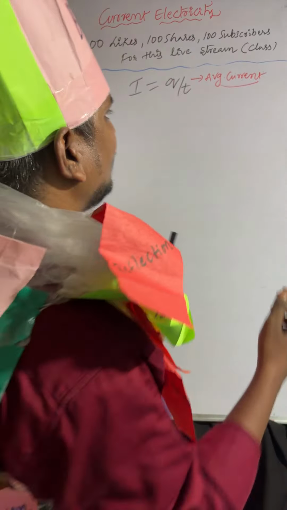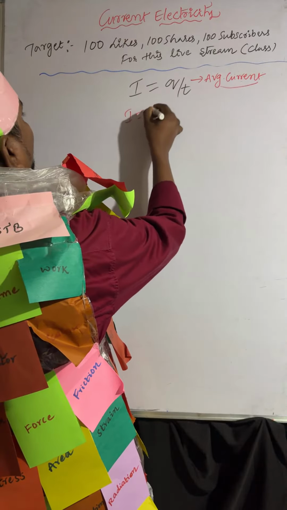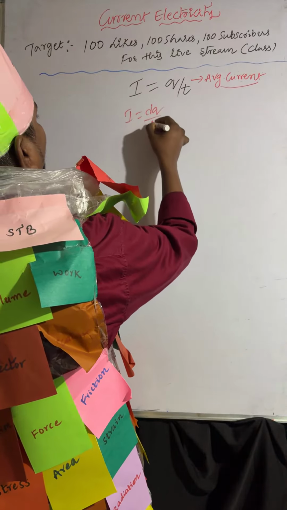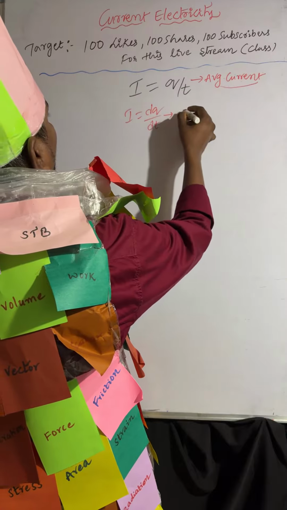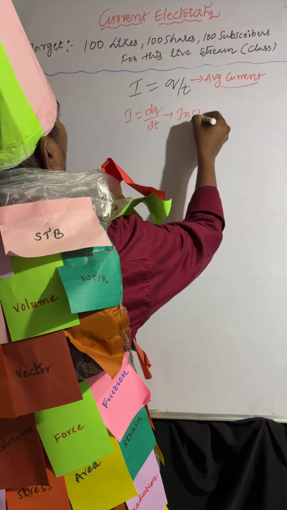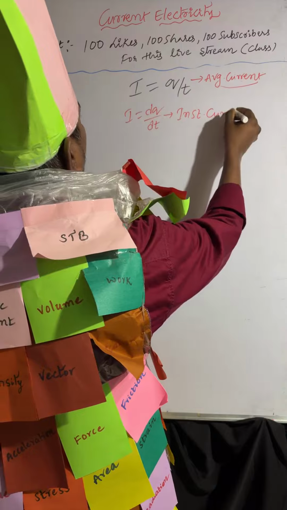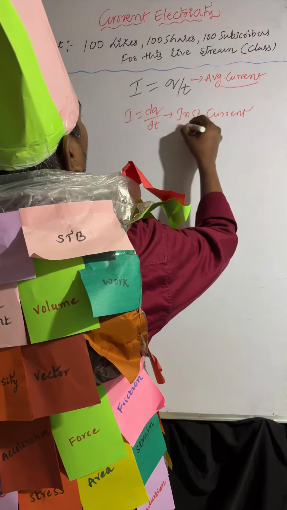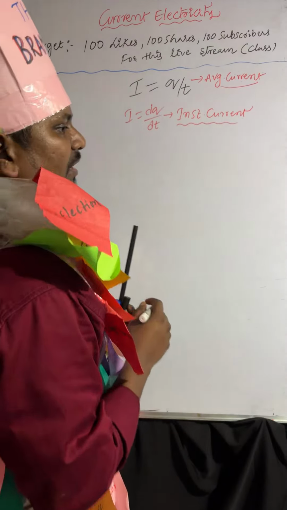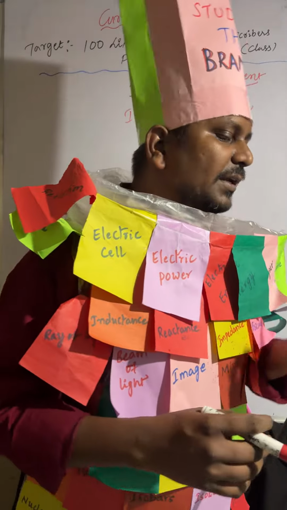And coming to I equal to dq by dt, dq by dt is the instantaneous current. Understood or not? So what is that?